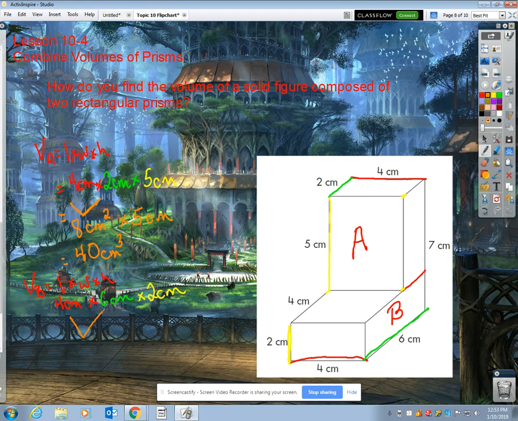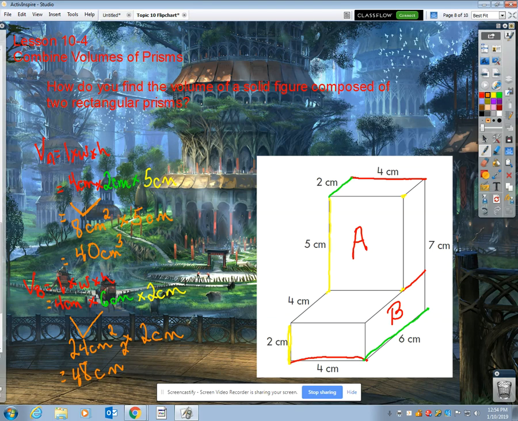And I do 4 times 6, so 4 centimeters times 6 centimeters is 24 centimeters squared, times 2 centimeters is equal to 48 centimeters cubed.